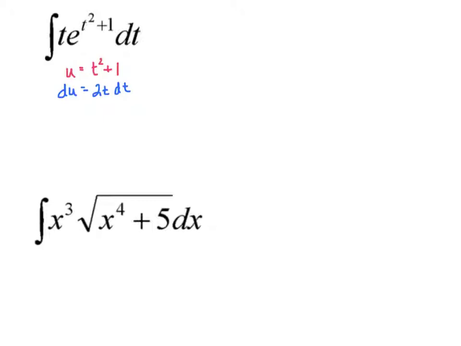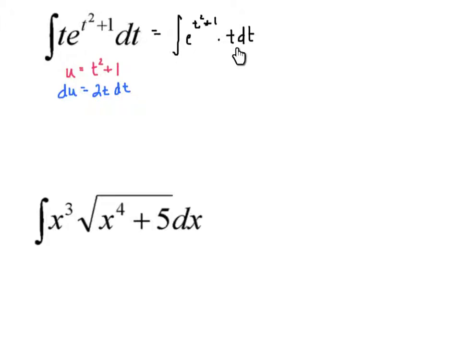Now, I would say that if you're having trouble seeing how this works, how this comes together, I would move the stuff that you've substituted to the beginning and use some of the rules from algebra to rewrite, right? The commutative property says multiplication order doesn't matter, so I've just changed the order of multiplication here. Instead of being t times e to the t squared plus 1, I've changed it to be e to the t squared plus 1 multiplied by t.